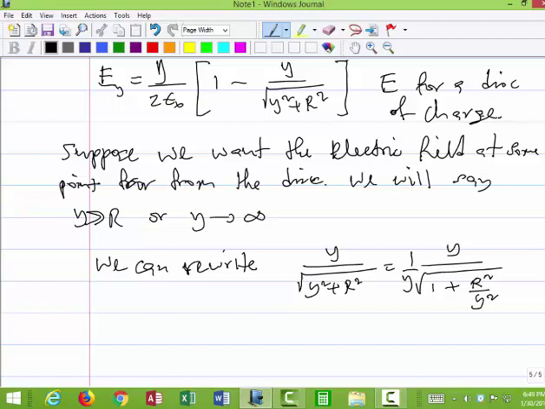What I've done is I've just divided through by y squared. That's why I have r squared over y squared here. Now if I take out the y squared at the bottom, it's like I'm dividing through by y squared, so I need to put the y at the top, because once this y enters the square root, it becomes y squared.